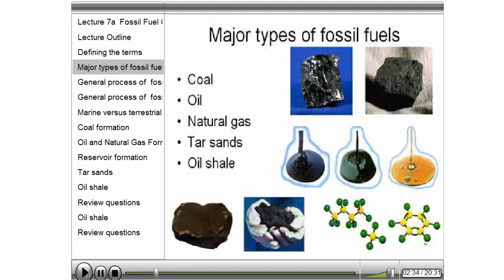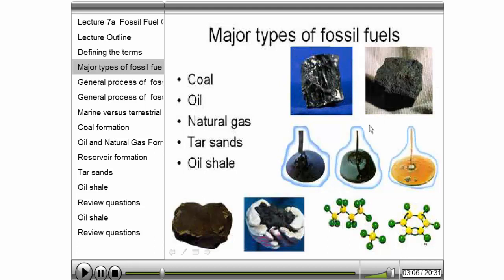There are many different types of fossil fuels, but five of the major ones, the first three of which we'll consider in more detail, are coal, oil, and natural gas. Two that may become more important in the future are what are called tar sands and oil shale. And coal, I think you may have a general picture in your mind of as being a rock, consolidated rock, black in appearance, and it can be burned in a combustion reaction to release heat.